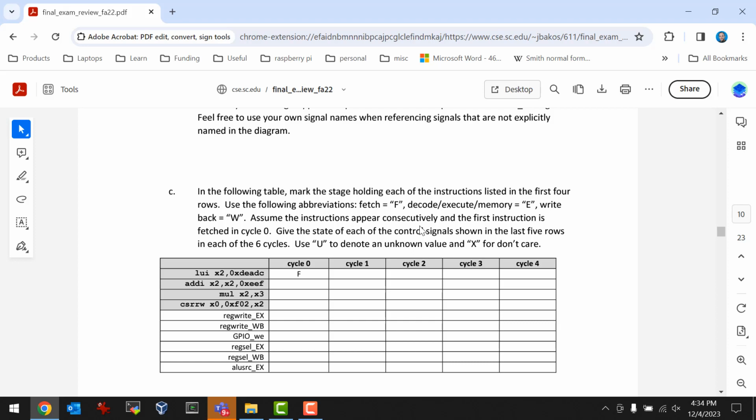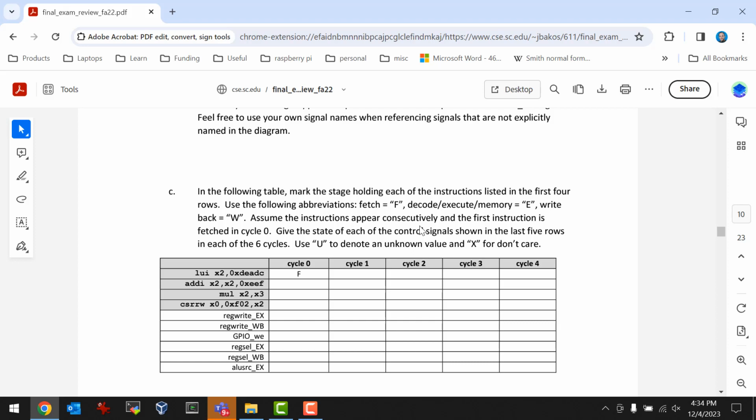Actually, it should be unknown value, because if this guy is fetched, I don't know what's in the other stages, right? There could be other instructions in there, unless that's the first instruction. So you should put U in there, right? These should all be U's in the first column.